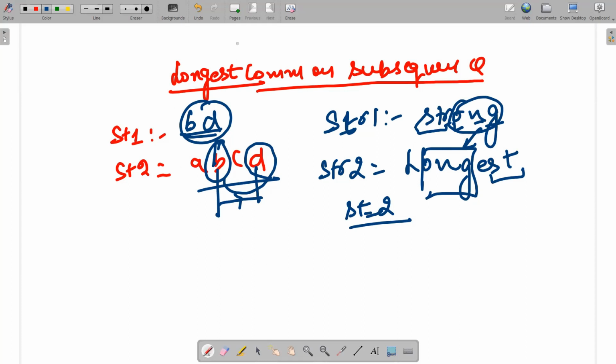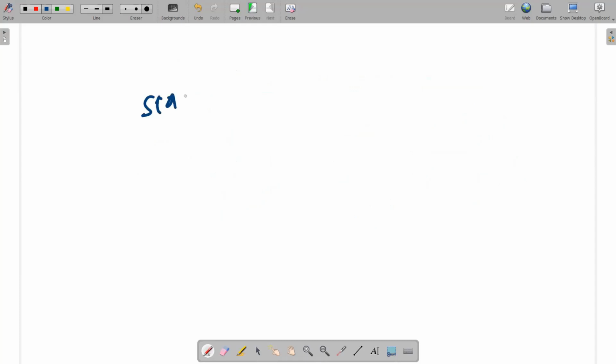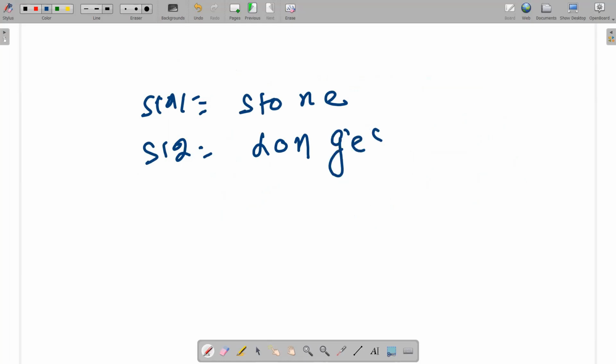I'll take another example with string number one as stone and string number two as longest. Now, if you look at this example, we have O, which is common, and N, which is common.